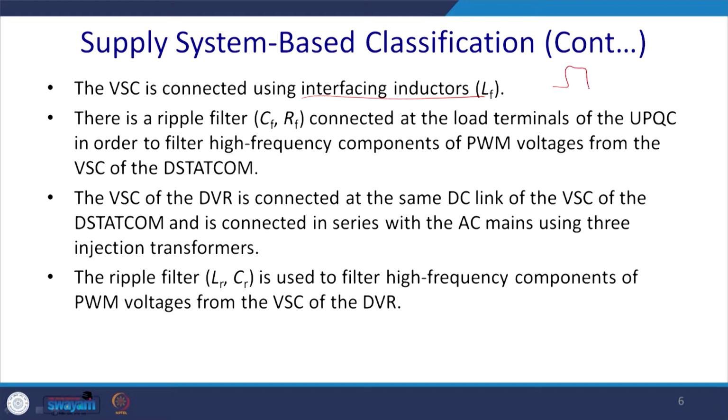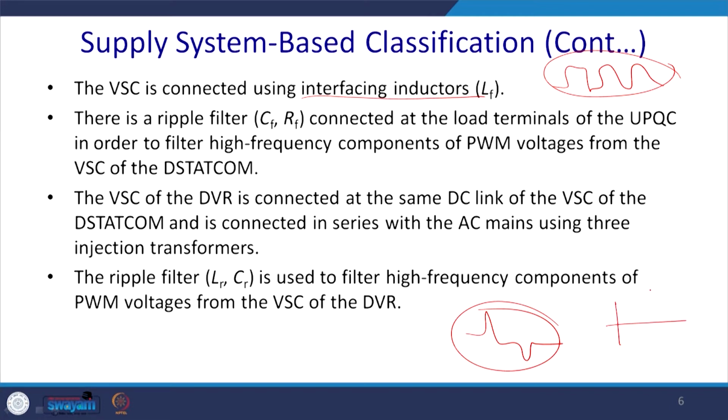So, you get this kind of pulses of variable width, and maybe your compensating current is of this nature. Also, at the point of common coupling where this shunt path is connected, it is something like this. For this reason, we have an instantaneous voltage difference between these two, and the current required may be this.